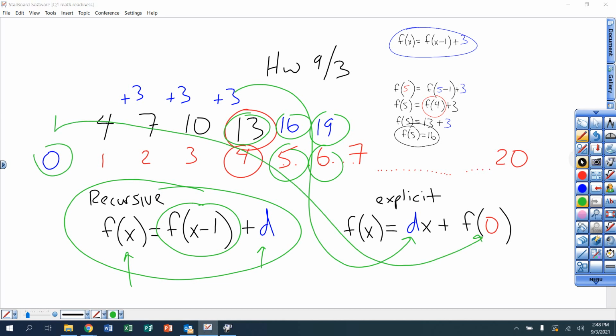So again, same thing we were doing. To write the explicit function for this, it's f of x equals that 3 number in front of x like we've been doing, plus that y-intercept number right there, the value when you plug in x is 0. And of course, you could use that to evaluate for the 20th term.